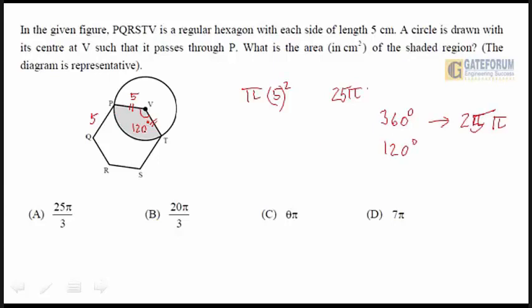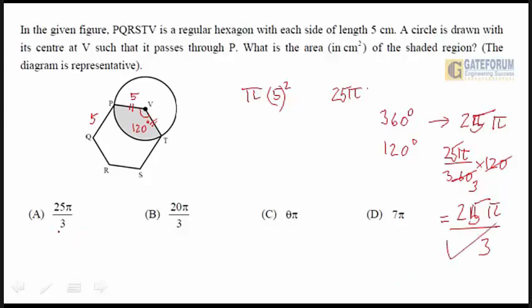Because this shaded area is the segment enclosed by this 120 degree angle, right? So it will be a simple unitary method. 25 pi divided by 360 into 120. Why am I writing 5? I mean pi instead of 5. Okay, 25 pi by 3.